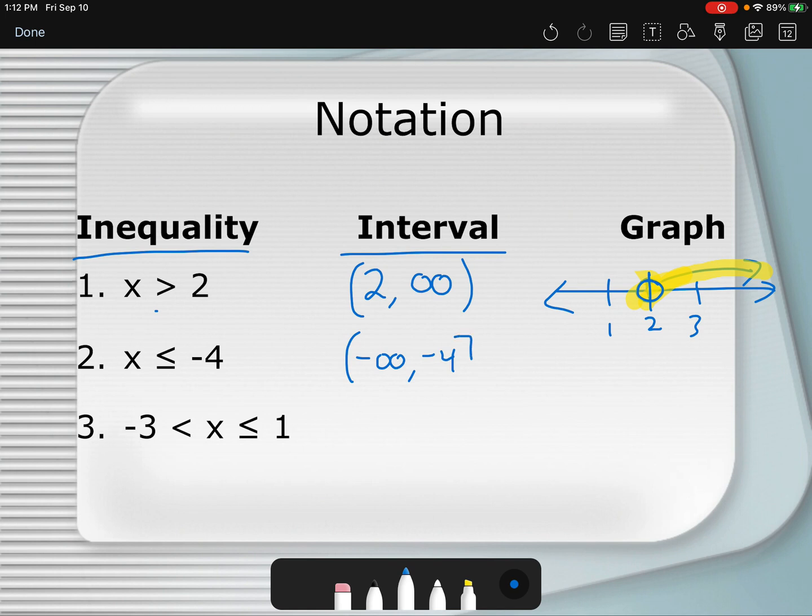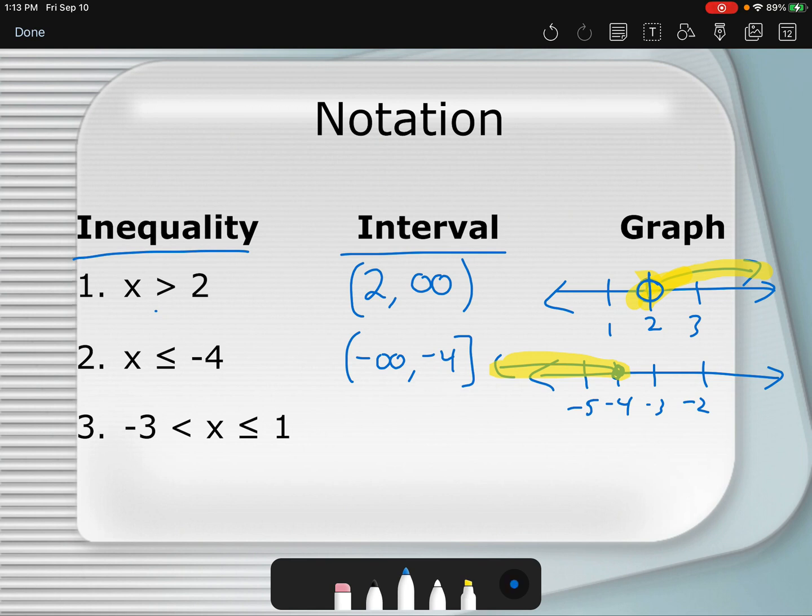But notice we have an equal sign, so in interval notation, we use a bracket. So it's negative infinity to negative 4. If we graph it, we have negative 5, negative 4, negative 3, negative 2. This is from negative infinity up to negative 4, so that's going to be filled in, and it's all the points coming from the left up to negative 4.